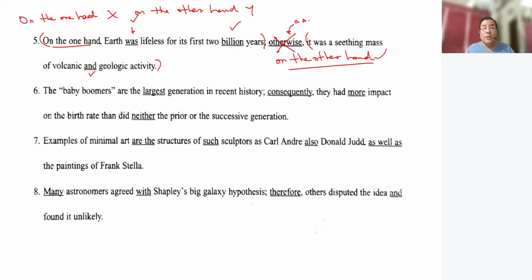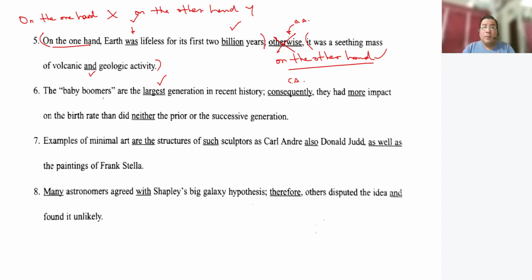Let's continue with number 6. The baby boomers are the largest generation in recent history. Consequently, they had more impact on the birth rate than did neither the prior or the successive generation. Here, the largest generation looks fine, superlative adjective. Consequently is a conjunctive adverb that establishes consequence, right?